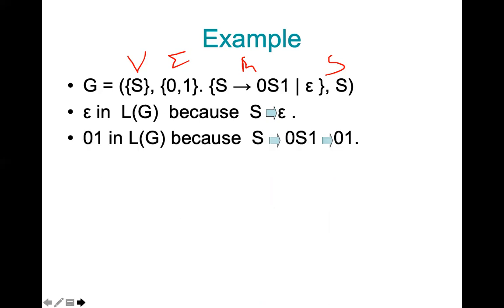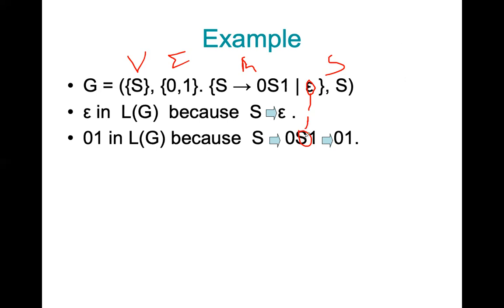Here 01 is also in this language. How is 01 in the language? We see s is equal to 0s1. In the place of s, we substituted the null operator. What does null operator mean?